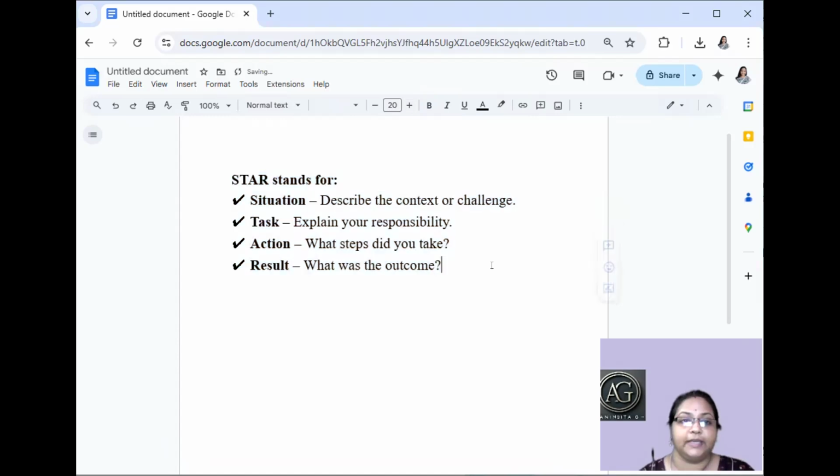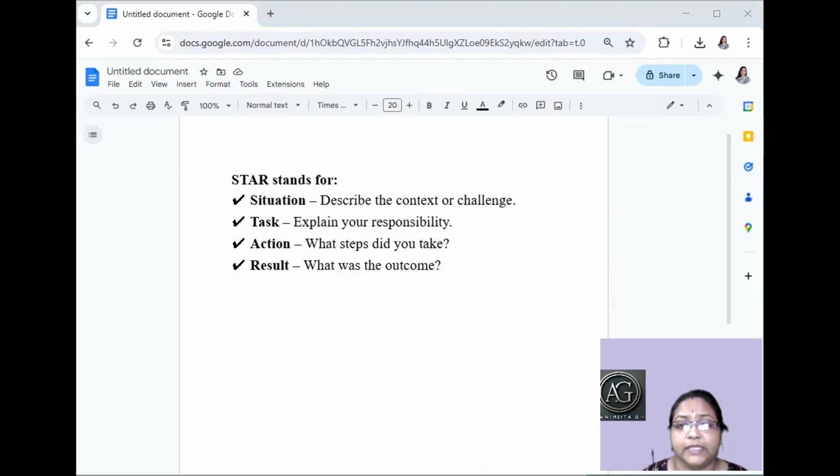So basically, whenever you are asked a question about if you have solved a certain kind of situation or a challenge, first of all, you need to recall the situation, describe the context or the premise of the challenge, and then tell what was the task that was given to you, what was the responsibility that you had to take care of, then the action, what are the steps that you had to take, and finally the result, what was the impact of your action.